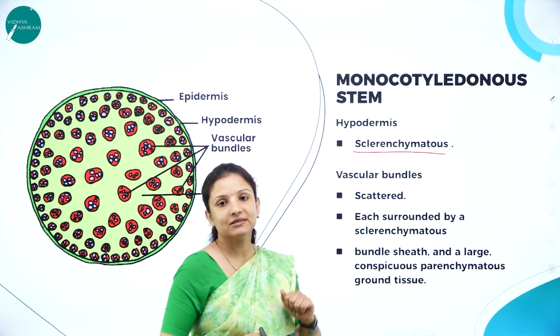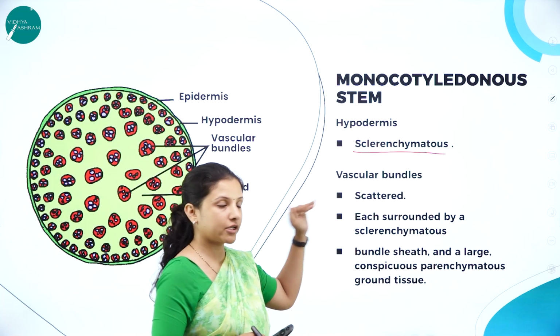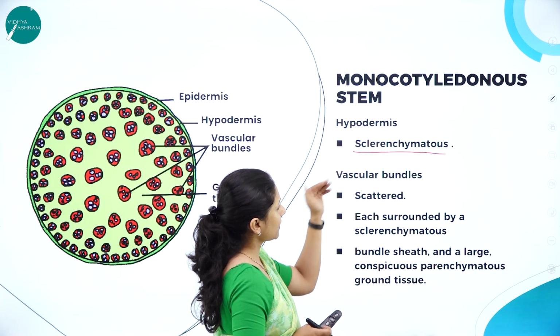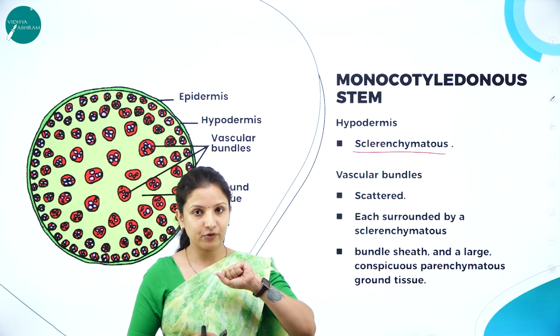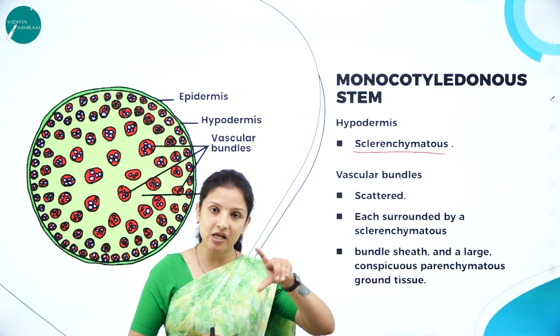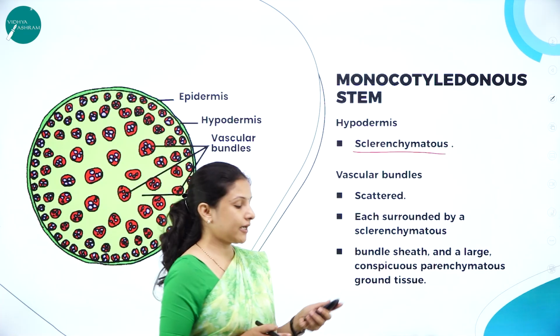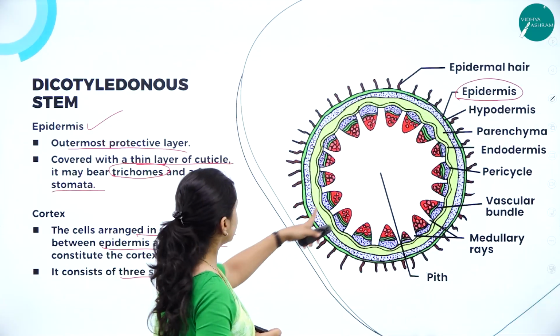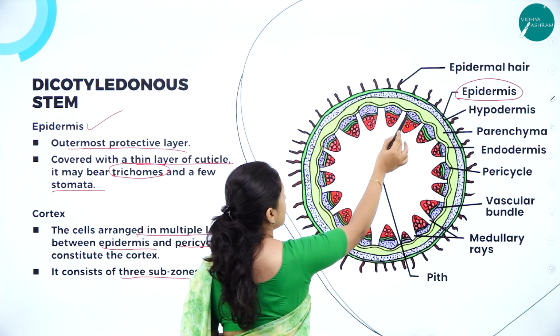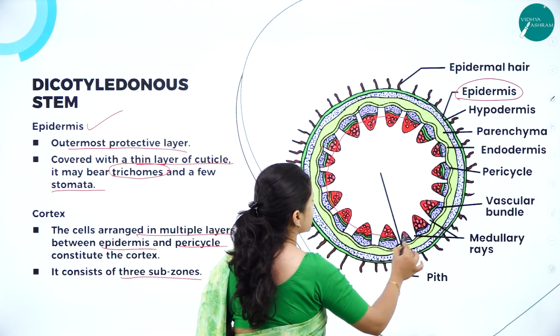Now there is a difference in the vascular bundle. So we'll concentrate on the vascular bundle here. In the case of dicot, the vascular bundle, if you had seen, was neatly arranged in a ring-like structure, right? If you want, we can just have a look at it again. So here, can you see the vascular bundles in a neat ring-like structure? They are arranged like this.